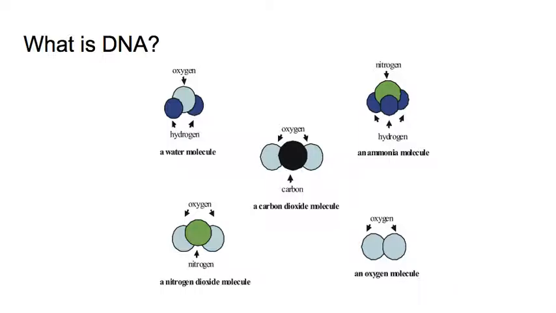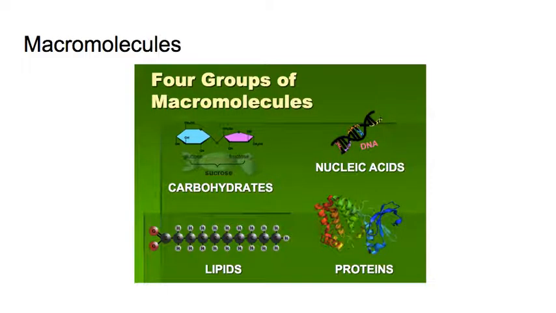Oxygen and hydrogen, two elements from the periodic table, make up the water molecule. Oxygen and carbon make up the carbon dioxide molecule. And two oxygens make up the oxygen that we breathe. So, DNA is a molecule, and those are some other molecules that you're familiar with.